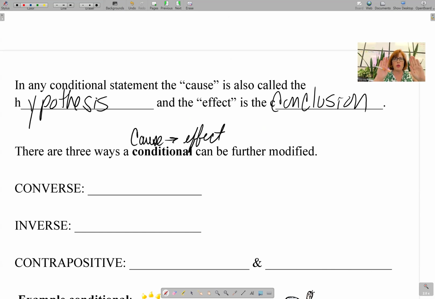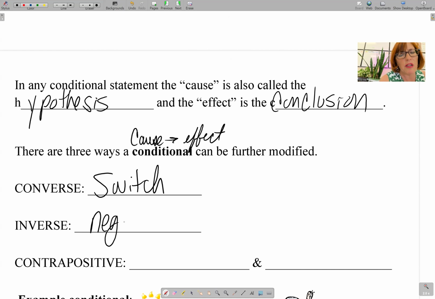Converse means to switch the order. Inverse means to say the opposite or negate. I'm using hand signals. You're going to use them in class too. So inverse means to negate, which is a fancy way of saying the opposite of.